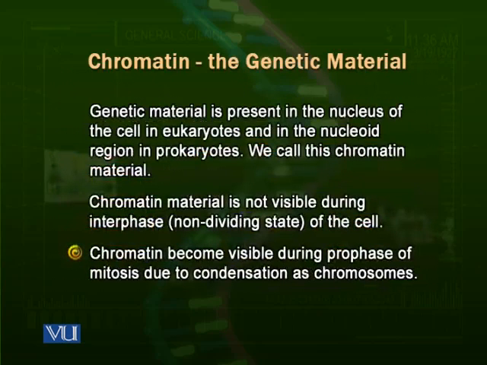When the cell comes in the phase of division, these chromosomes, these DNA molecules, start condensing in the prophase, the first phase of mitosis, the nuclear division. These chromosomes condense, and we must say in more correct terms that the chromatin material condenses, and they make the condensed structures called chromosomes.